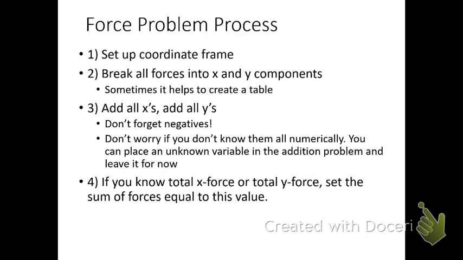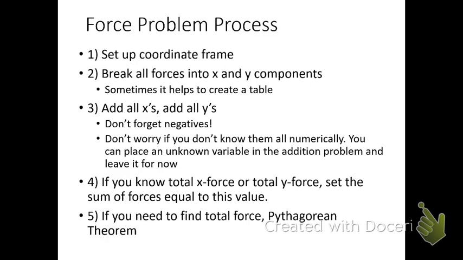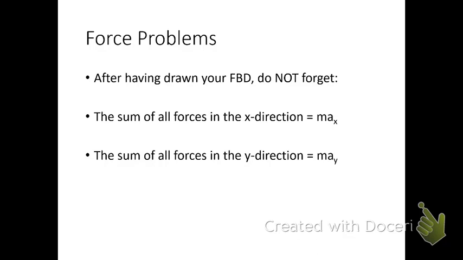If you know the total x force or y force, say something's not accelerating in one of those directions and it's 0, you can set the sum of the forces equal to that value. If you need to find the total force, you can use the Pythagorean theorem to bring x's and y's back together. Once again, once you have your total x force and total y force, you can always and forever set them equal to mass times acceleration in that direction.